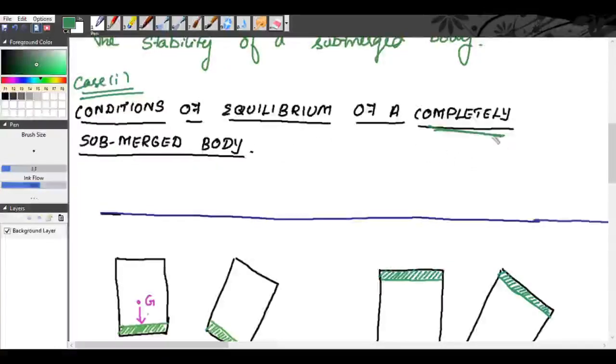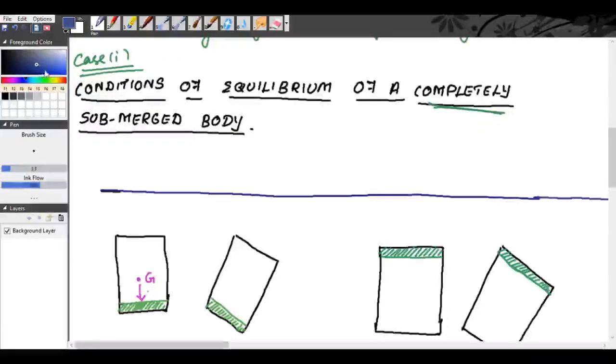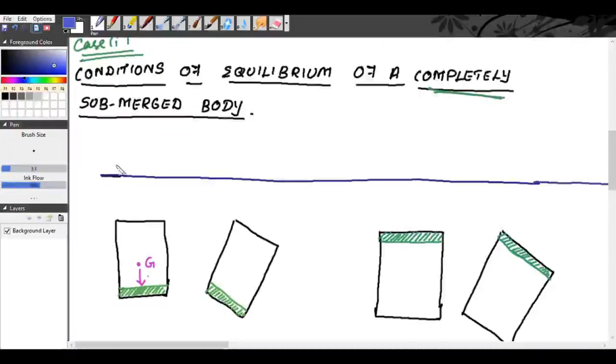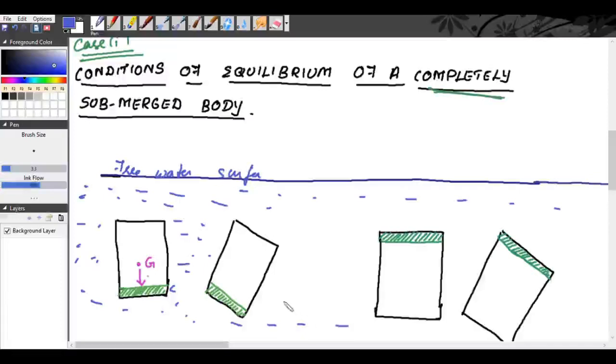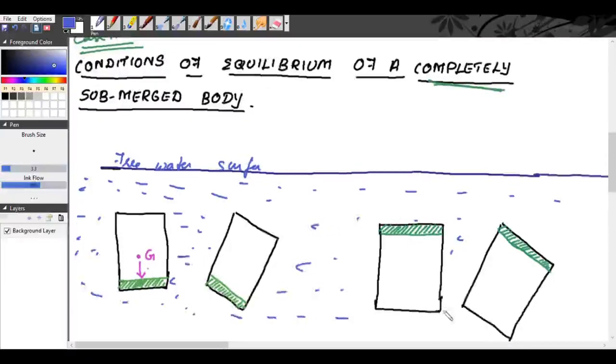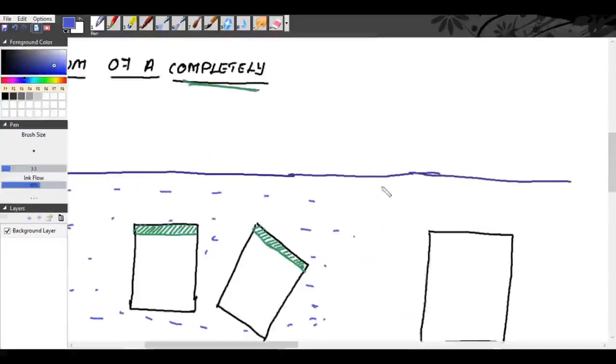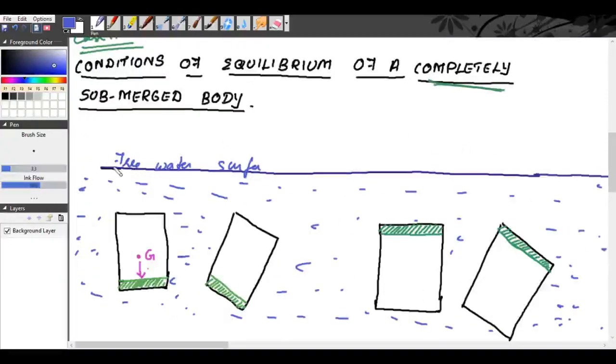You can see in the diagram now: this is the free surface of water, and this is our water body.